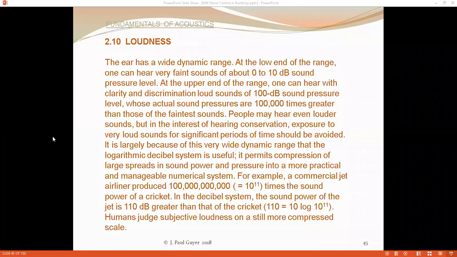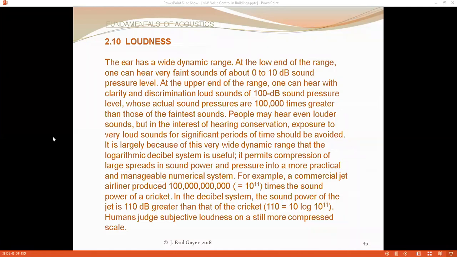And when you get over about 80 decibels, those are very loud sounds, and long-term exposure to sounds that are that loud can often lead to damaging the human's ears, eardrums.